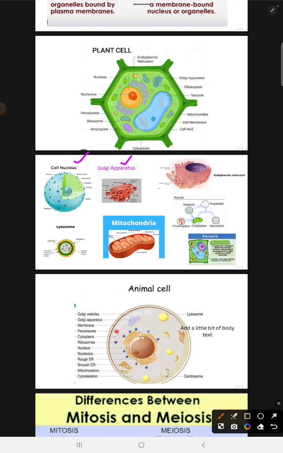It helps in packaging of the products in vesicles. The material synthesized near the ER is packed and dispatched to various targets inside and outside the cell. Its function is basically to store, modify and package the products. In some cases, complex sugars may be made into simple sugars by the Golgi apparatus. So the Golgi apparatus has many specific functions to perform.